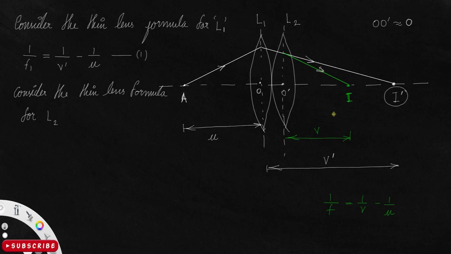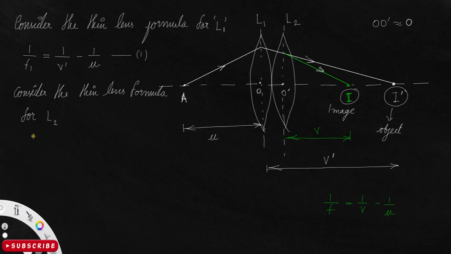For the second lens, we have this one as the object and this is the image. How is that so? Because for the first lens, this I dash acts as the image, and for the second lens, the same image formed by L1 acts as the virtual object. Clear? So this one is the object.